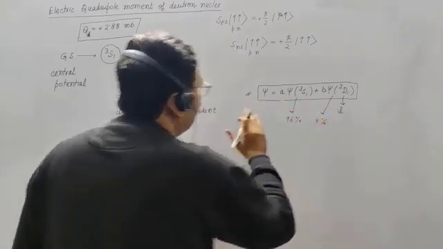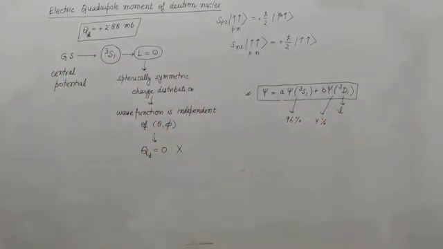So if the wave function of the ground state is an admixture of these two states, then automatically this L equal to 2 state will give rise to a non-central component.